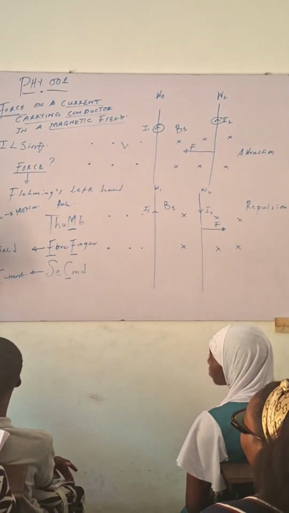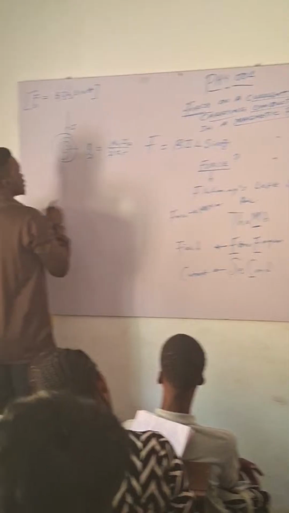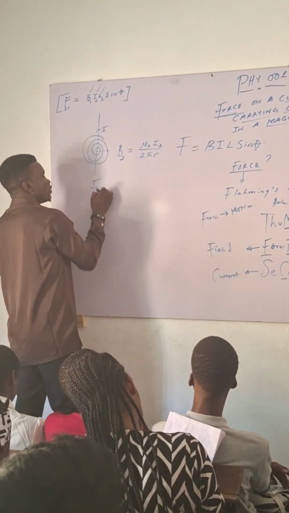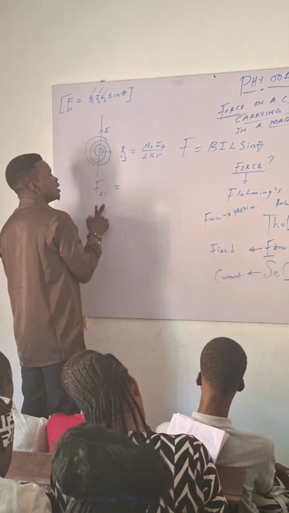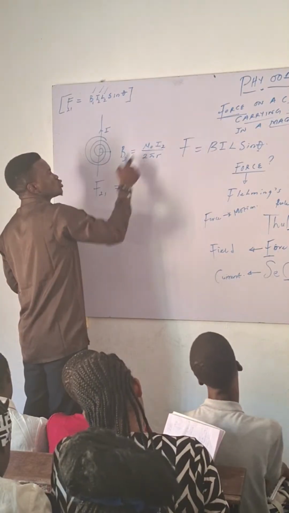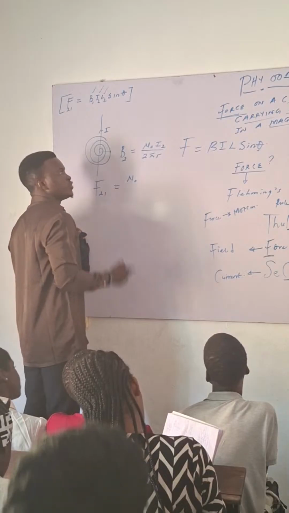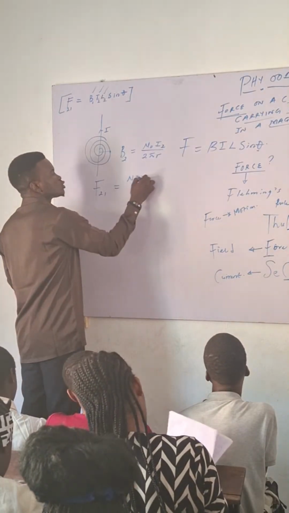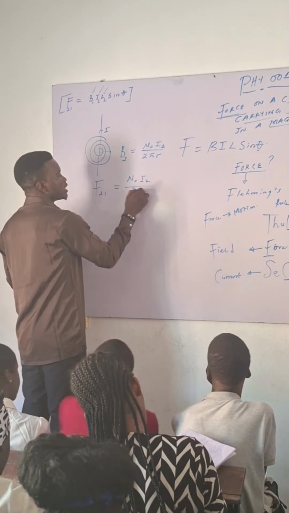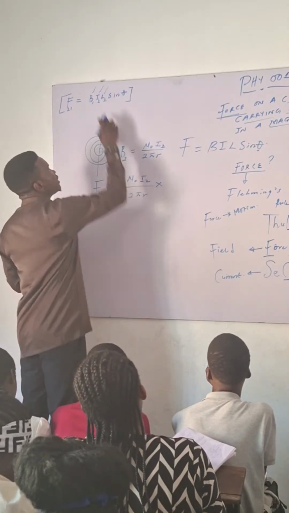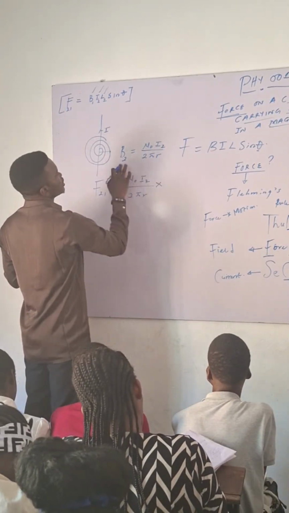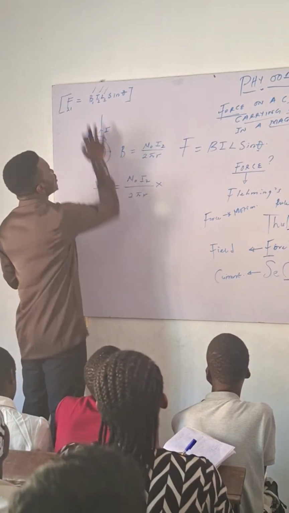So now, let me introduce this into this. So I can say the force experienced by wire 2 as a result of the field of wire 1 is going to be B2, which is mu naught. Mu naught is called permeability of free space. I2 over 2 pi r multiplied by, sorry, is this I2? This is supposed to be I1.